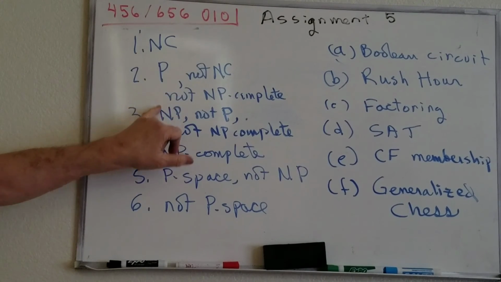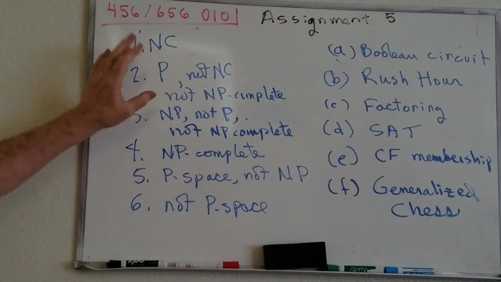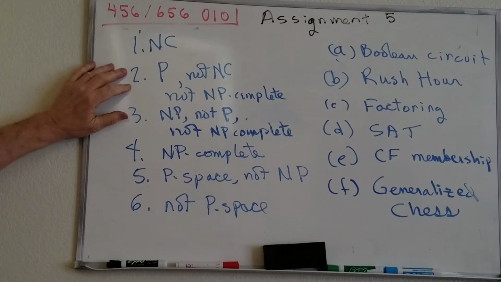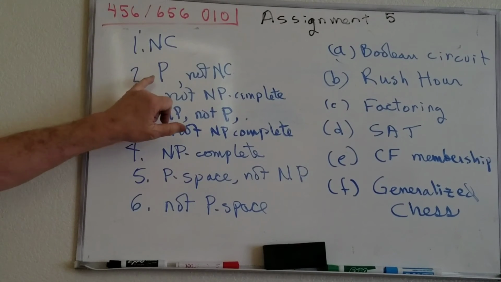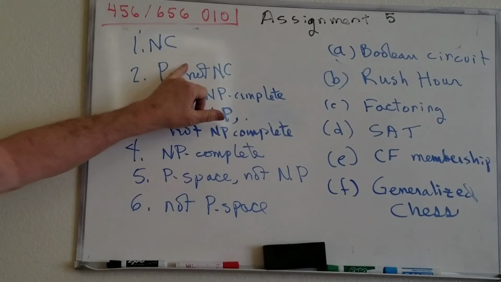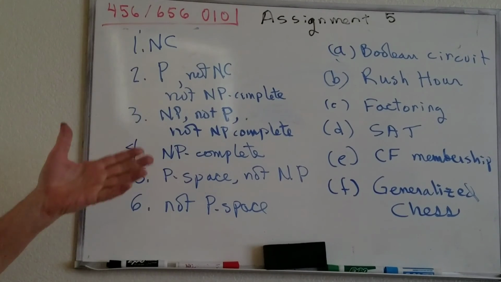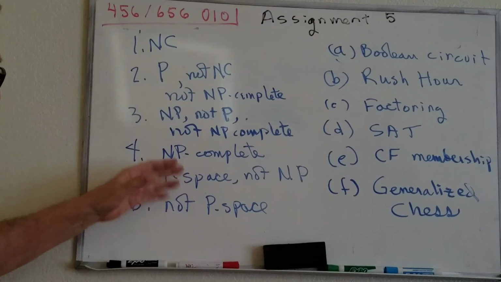The definition given in the homework is polynomial but not known to be in NC and not known to be NP complete. All right, that's the way I'm writing it from here on.